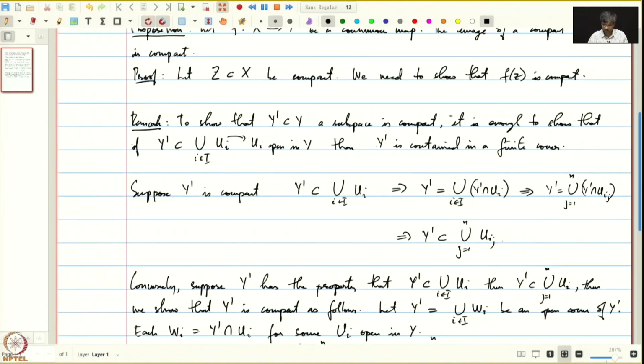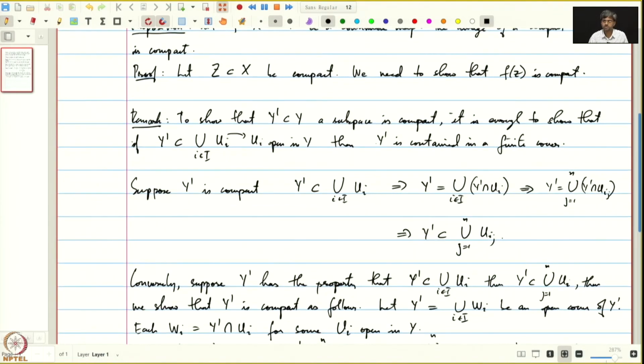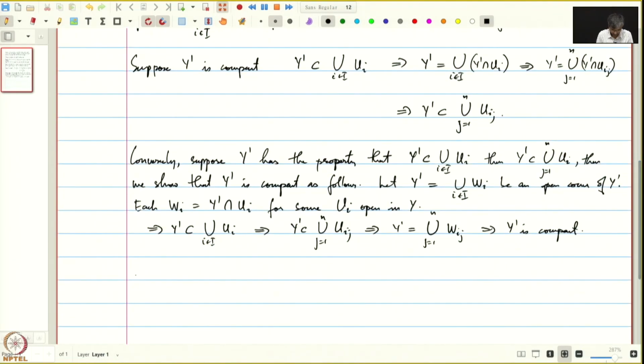So in our case, we need to show that f of Z is compact. So suppose f of Z is contained in an arbitrary union, let's say of Vi's, where Vi is open in Y. Right?